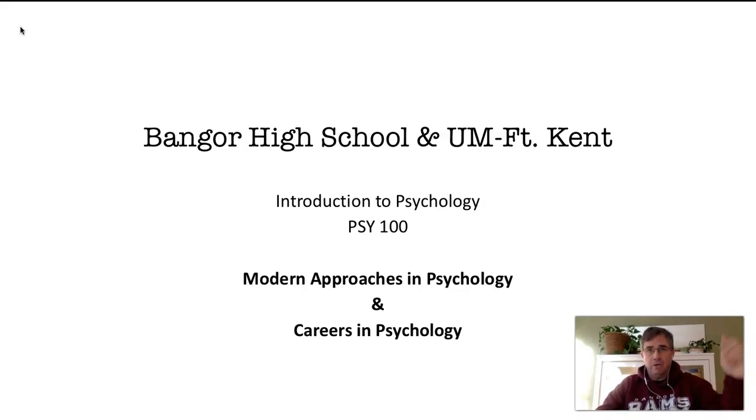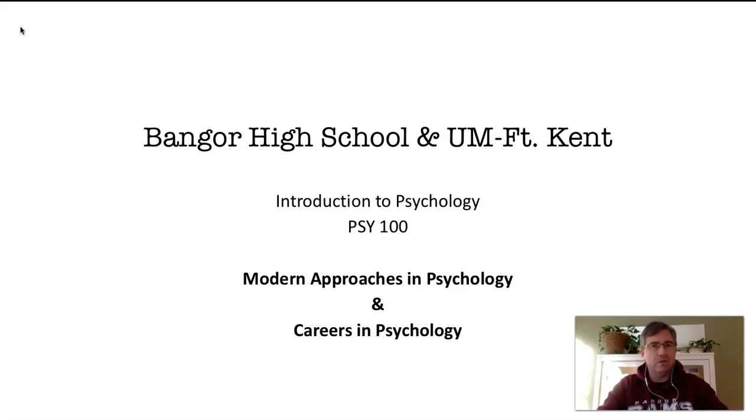We're going to look at 6 or 7 of the main approaches to psychology as they exist today, as opposed to the historical ones, which kind of introduce the idea of introspection and thinking about the world around us and how it affects our behaviors, but also how some of our internal processes affect our behavior also.